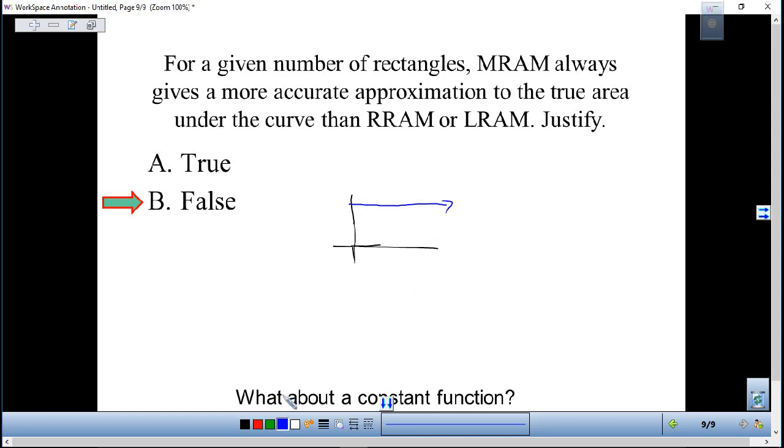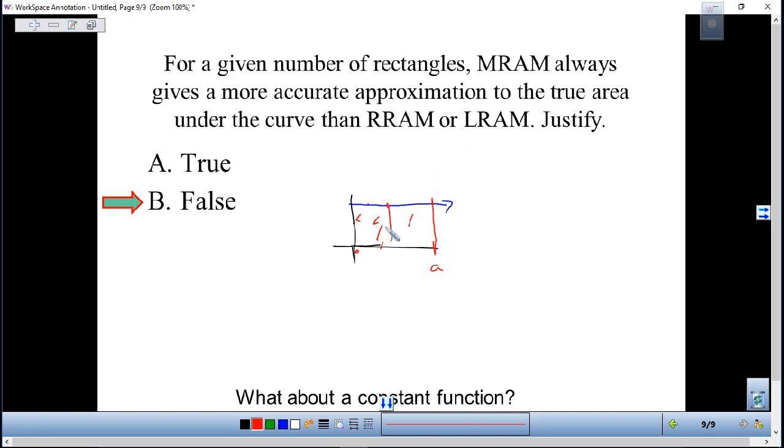If this thing has a constant value over the interval from, let's say, 0 to a, what do we know about the MRAM? Well, no matter how many rectangles we have here, MRAM is going to find exactly the same amount. What about RRAM? Well, it's also going to find exactly the same value, and LRAM, exactly the same value again.